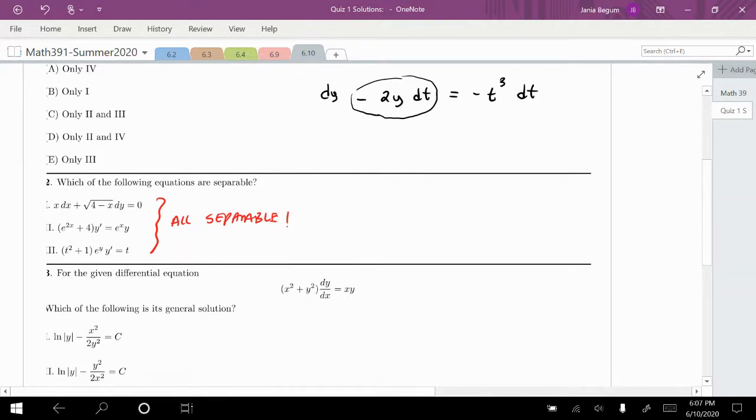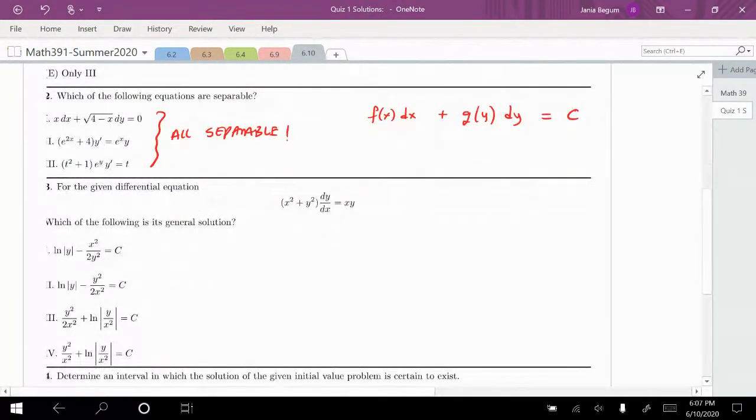Again, you just quickly check: can you separate a function of x with dx and a function of y with dy equals whatever constant, 0, whatever you have? If we are able to do that, then it's separable. Again, you're not solving, so just going down the list doesn't take you too long. These two questions probably have taken you at most 3 minutes.